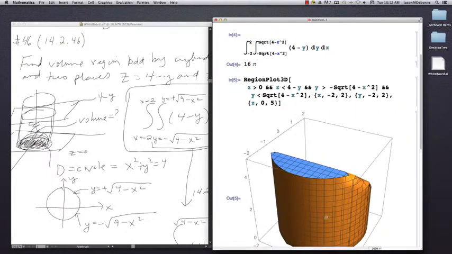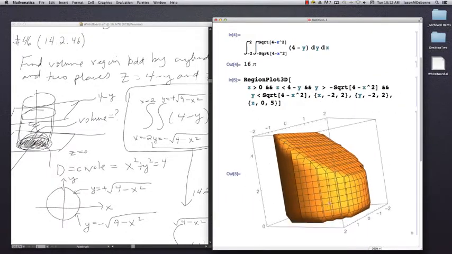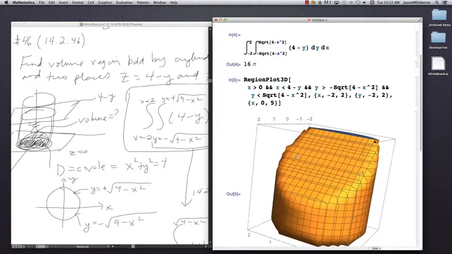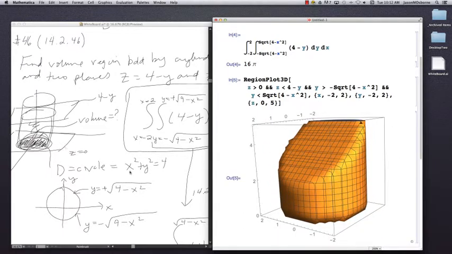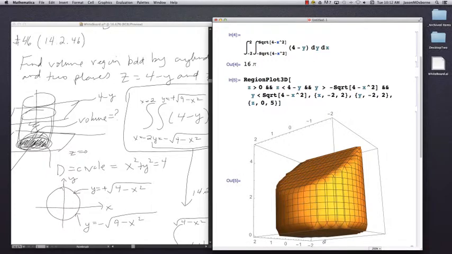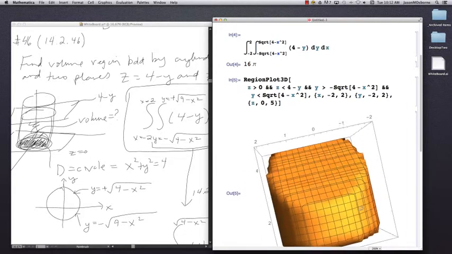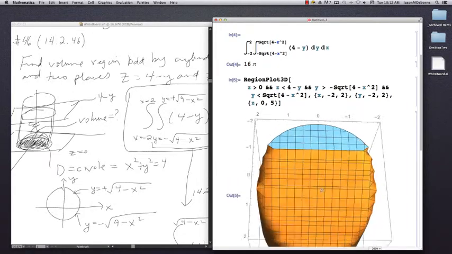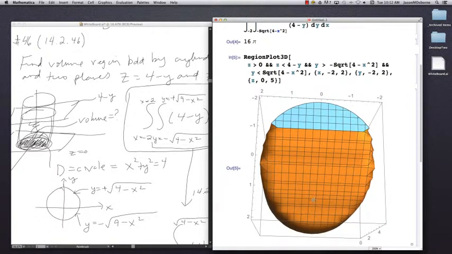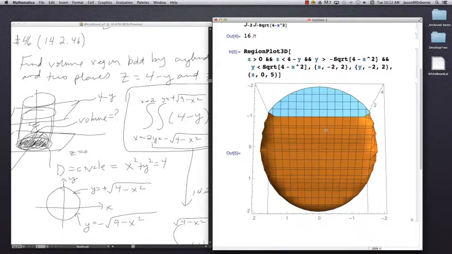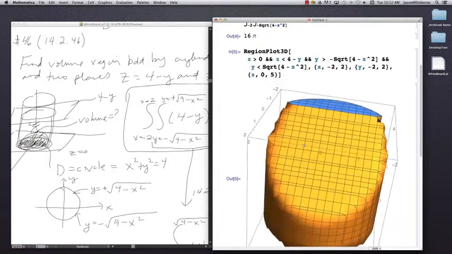And I think we can see here what we were looking at. Here is the z equals 0 plane on the bottom. Here is the plane 4 minus y. And we were looking at the region above the circle from -2 to 2. So here is our region.